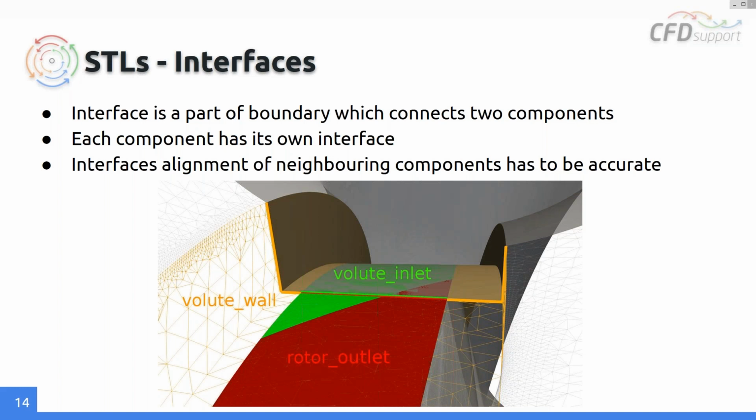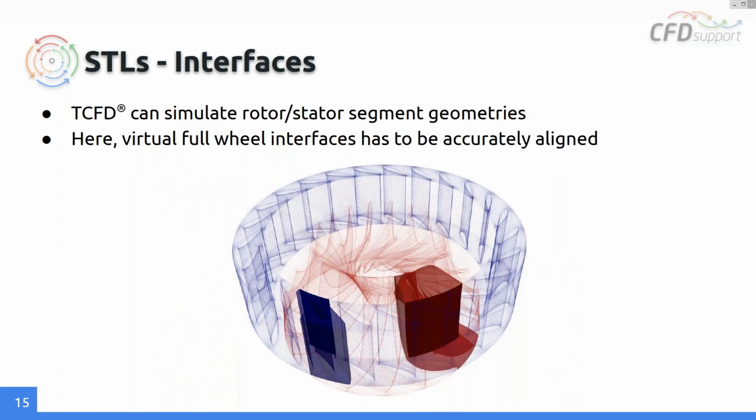So this is important to know. Similarly, because TCFD also allows you to simulate just segments of the wheels, for example a Francis turbine, you can use just one blade segment, and then the same holds: the virtual interface of the full wheel has to match accurately.